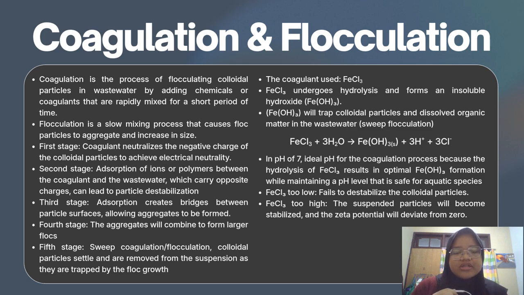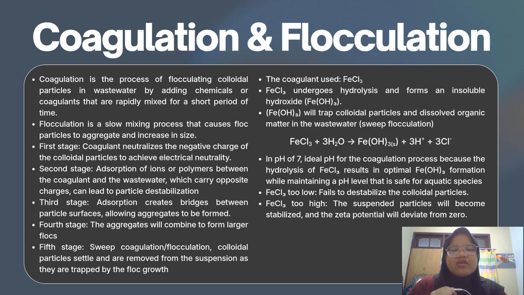This reaction happens at a pH of 7, the ideal pH for the coagulation process, because the hydrolysis of ferric chloride results in optimal ferric hydroxide formation while maintaining a pH level that is safe for aquatic species.